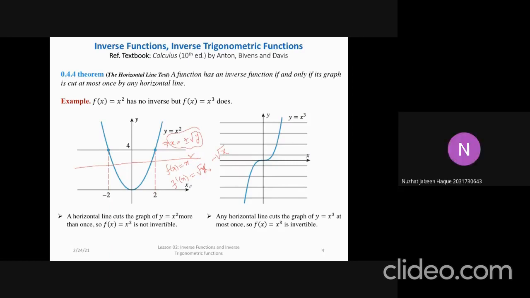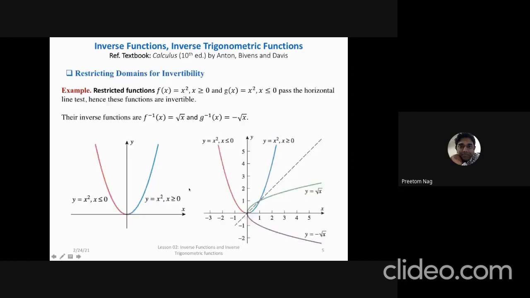Okay, sir. But we can sometimes generate inverse functions for a given function, for example by restricting the domain for invertibility. As we saw in the last slide, if f of x is x square, then y equal to x square gives x equal to plus minus square root of y.